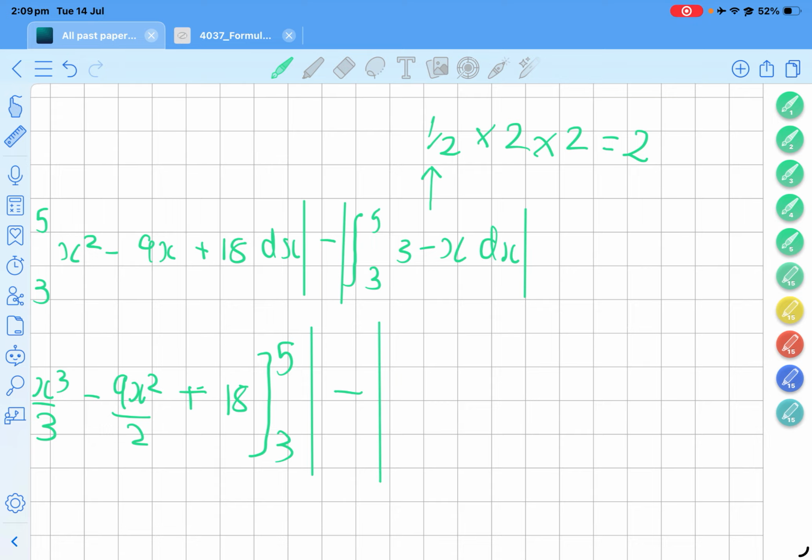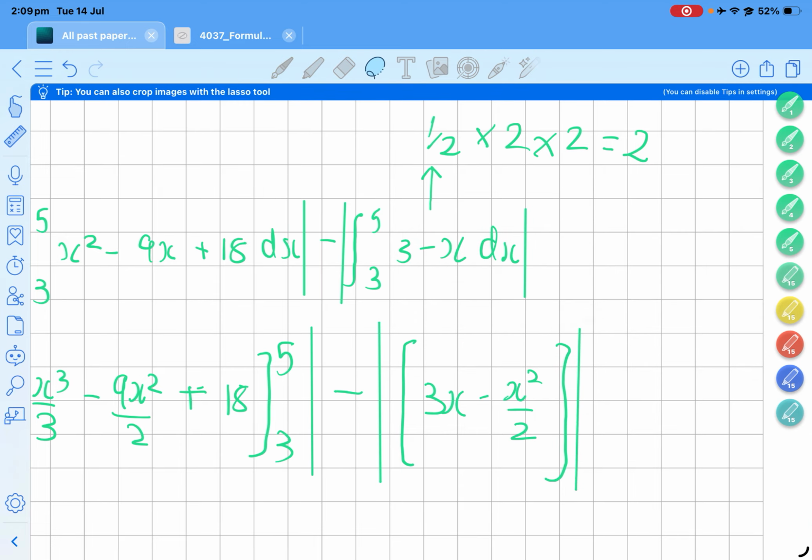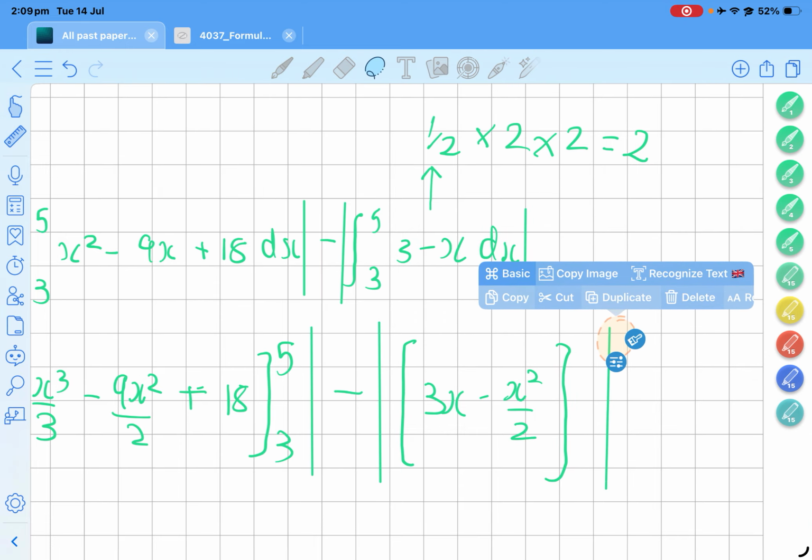Then we'll have 3x minus x squared by 2. I think I forgot writing the limits. So the limits are 5 and 3.